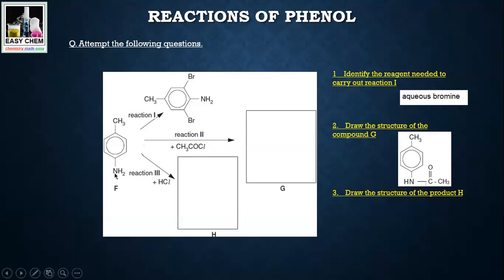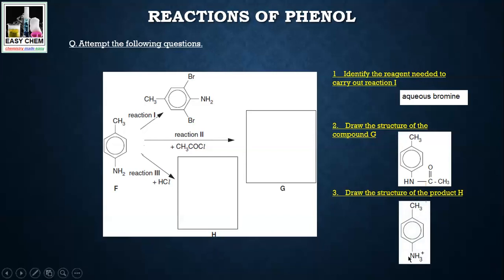This nitrogen has lone pairs of electrons. Because of the lone pairs of electrons, HCl has H plus. This H plus will come and get attached to NH2 and change it to NH3 plus. Because there's a plus charge, Cl minus also goes to sit next to it. Here, Cl minus is not shown though.